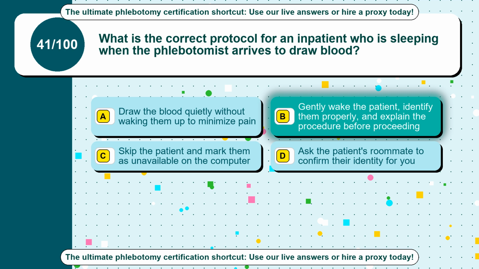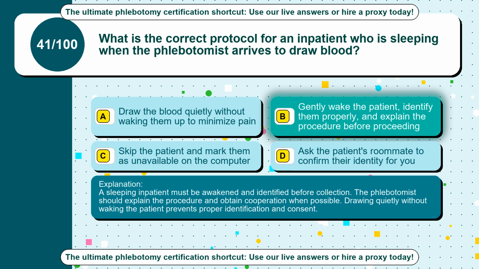The correct answer is Option B. A sleeping inpatient must be awakened and identified before collection. The phlebotomist should explain the procedure and obtain cooperation when possible. Drawing quietly without waking the patient prevents proper identification and consent.